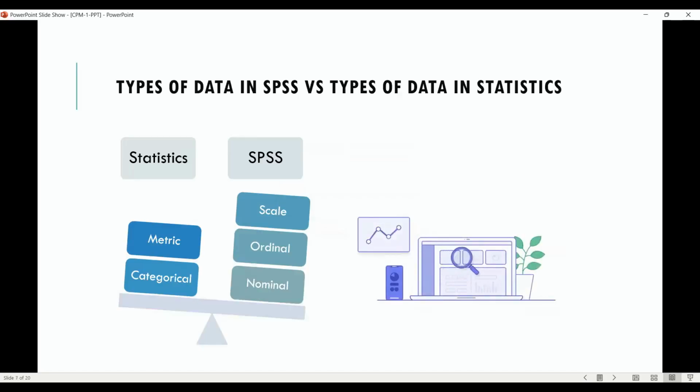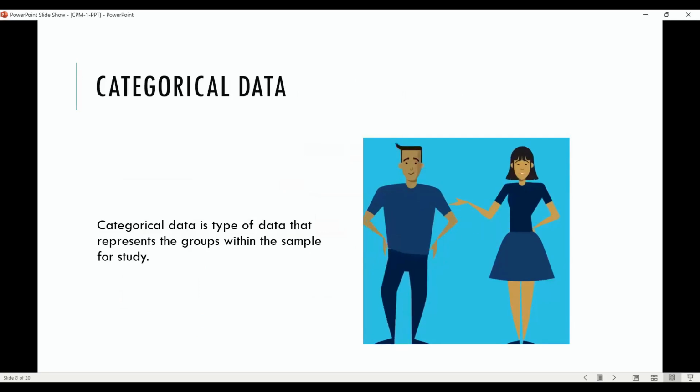Say, for example, you have to understand the data set. Generally, when it comes to statistics, researchers will say there are different types of data. Say, for example, scale, ordinal, ratio, so many types.